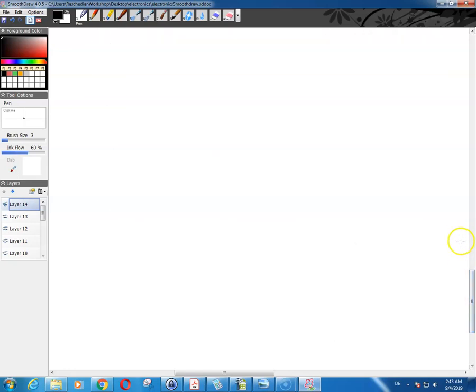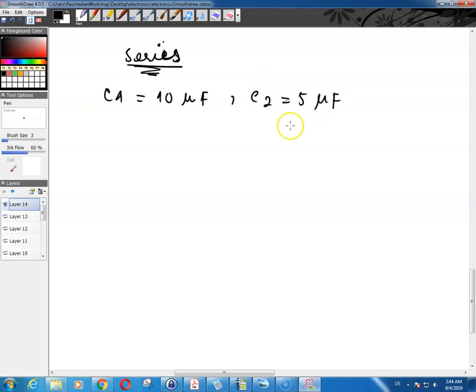Now let's do a couple of examples here. All of these examples that I'm about to tell you about are in series. So suppose that C1 is equal to 10 microfarad and C2 is equal to 5 microfarad, connected in series.